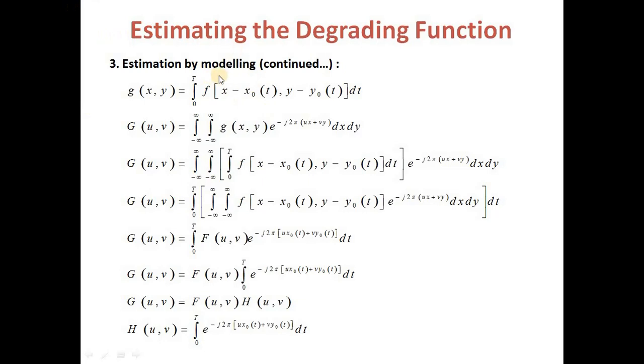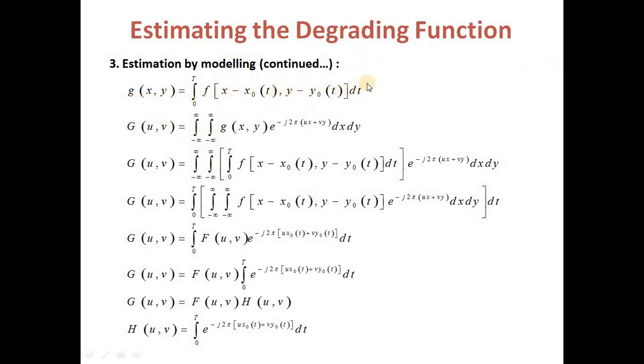Here capital T is the interval for which the shutter is open, and during this interval from 0 to capital T, we are integrating the instantaneous exposure of the sensor to the scene.